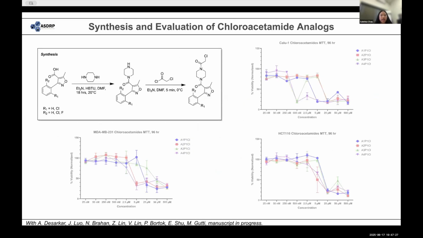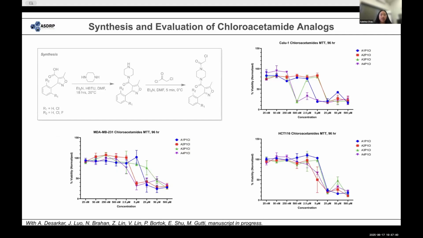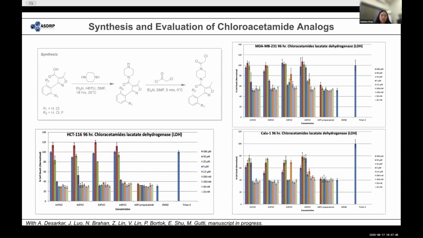We also investigated the effect of alternate alkylating warheads by further preparing chloroacetamides that bear different aryl fragments, which showed potent, broad, and non-selective inhibition of cell growth across the same panel of cancer cell lines. We also ran LDH assays to compare the cell death rates of each compound depending on its concentration.